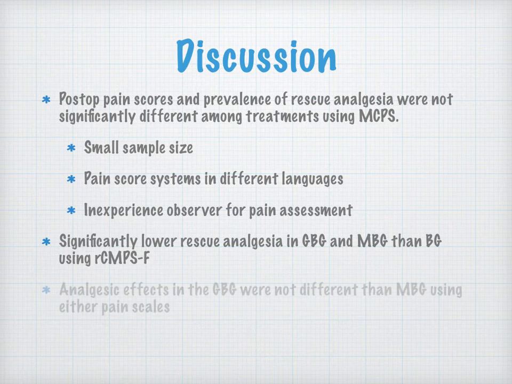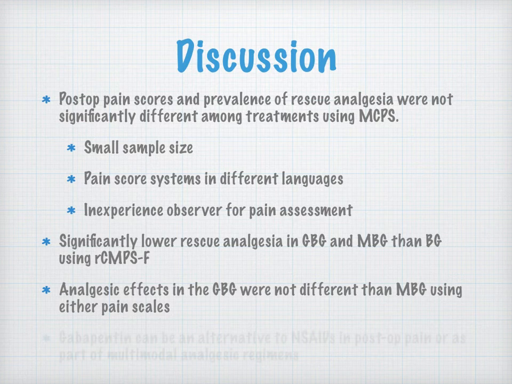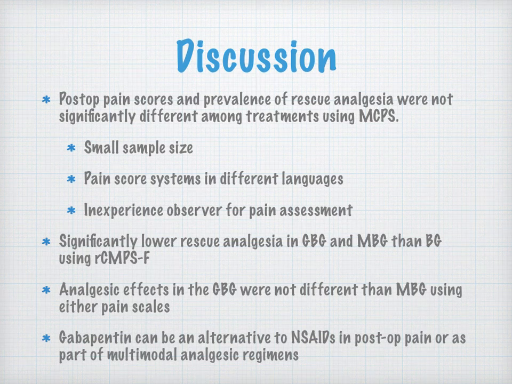And analgesic effects in the GBG were not different than MBG using either pain scores. They concluded that gabapentin could be an alternative for post-op pain or as part of multimodal analgesic regimen, particularly when NSAIDs are contraindicated.